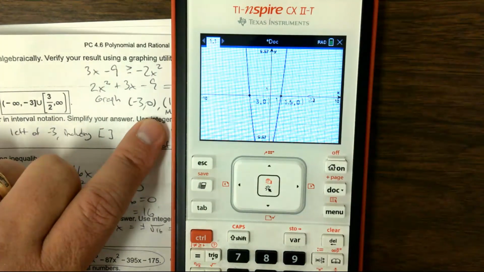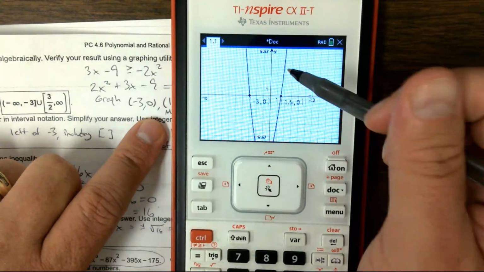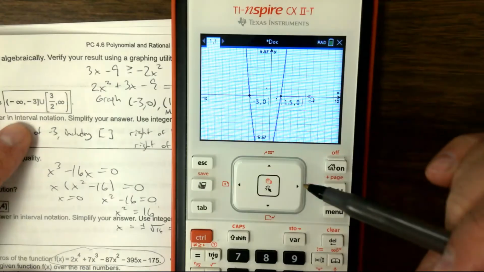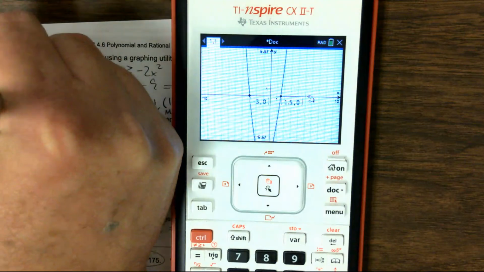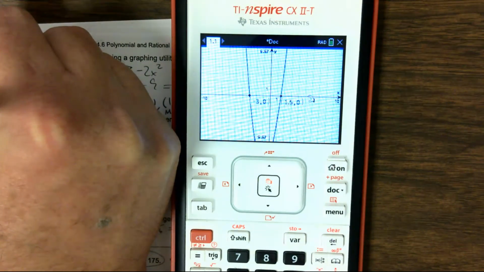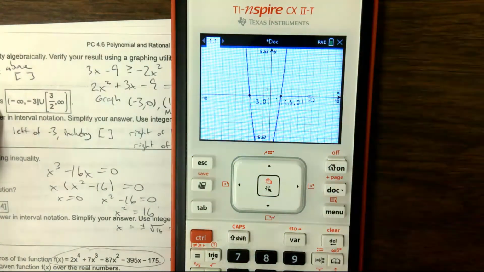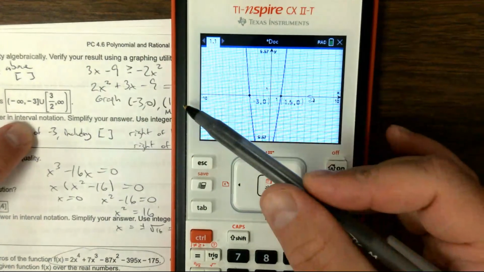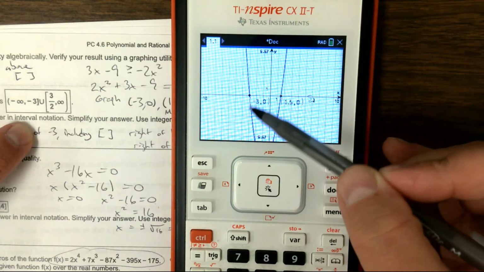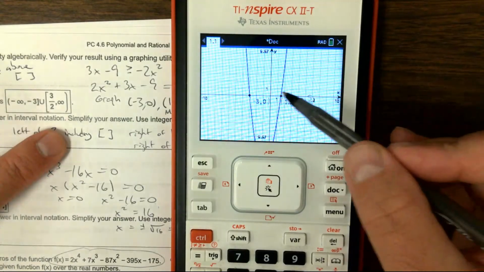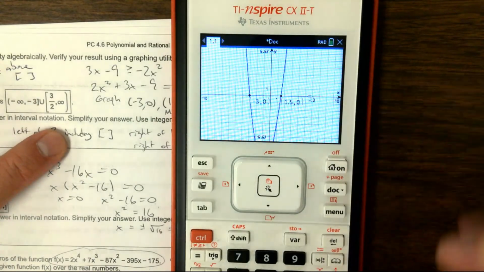And this one you can tell from the tilt what we want. It was greater than, so it's above. And this one we want brackets on the numbers. So from -infinity to -3 bracket, and then from 3/2 to infinity.